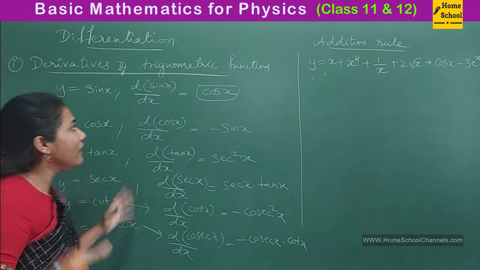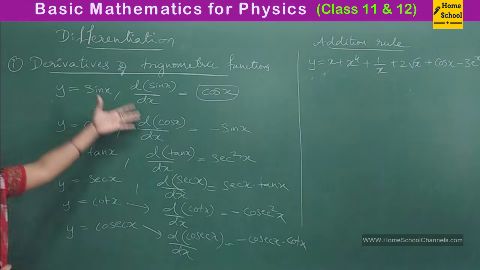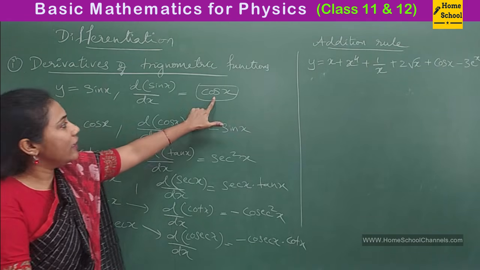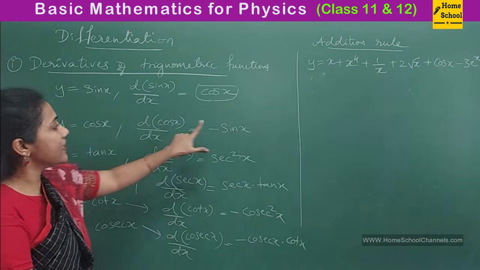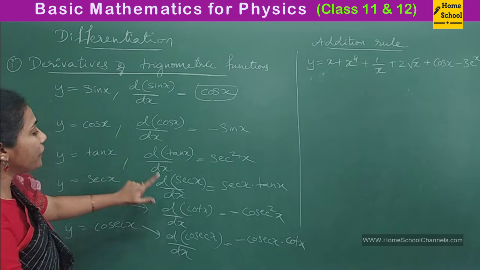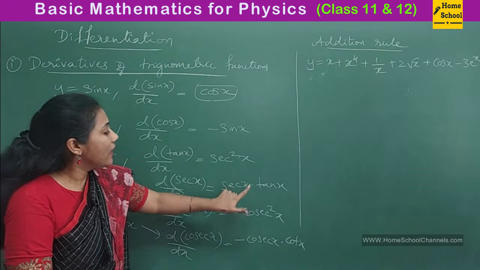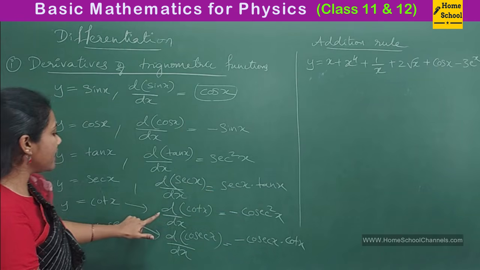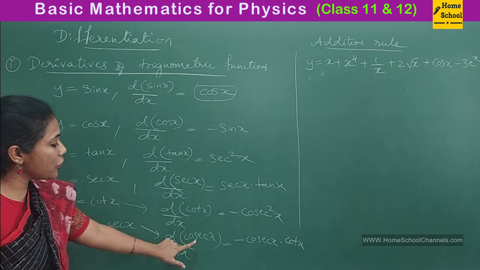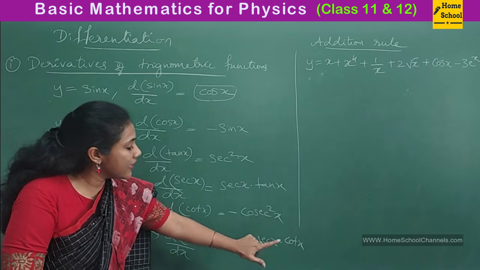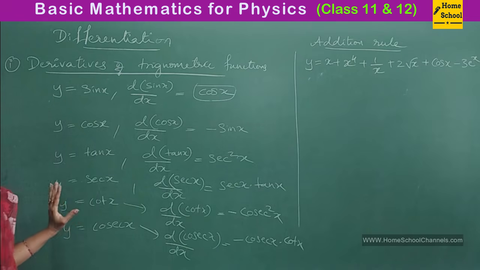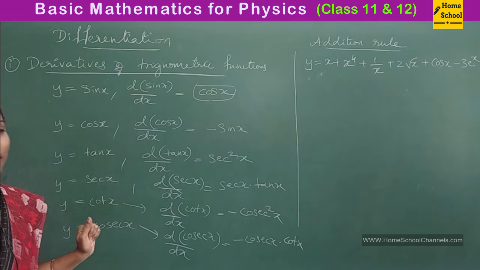Now I am talking about the derivatives of trigonometric functions. Differentiation of sin x is cos x, of cos x is minus sin x, of tan x is sec square x, of sec x is sec x into tan x, of cot x is minus cosec square x, and of cosec x is minus cosec x into cot x. These are some formulas that you need to remember.